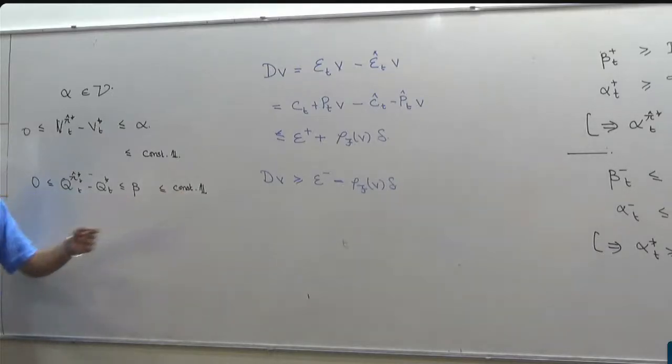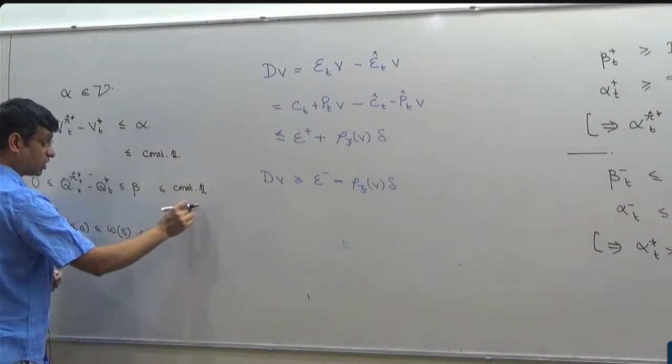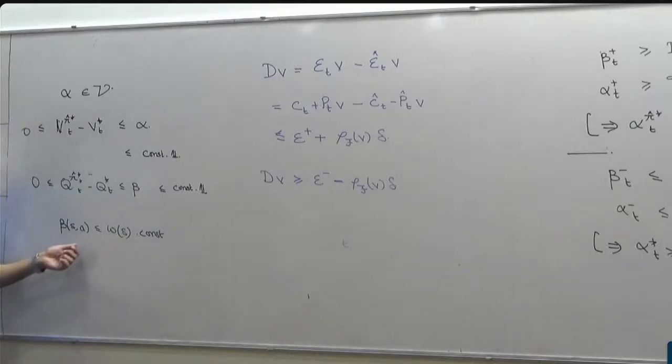One type of bound one can try to get is that beta of S and A should be less than or equal to some weight function W of S, times a constant, let's say. So rather than keeping this constant with no dependence on state and action, I am allowing my bound to vary according to the state, but not according to the actions.